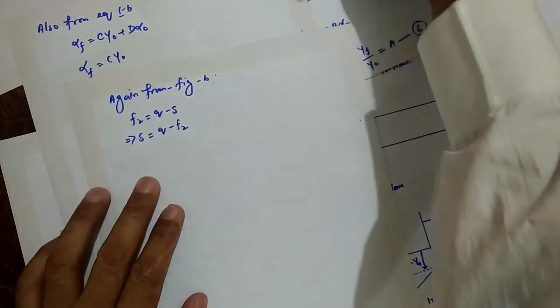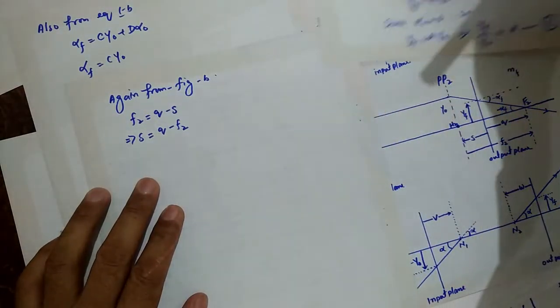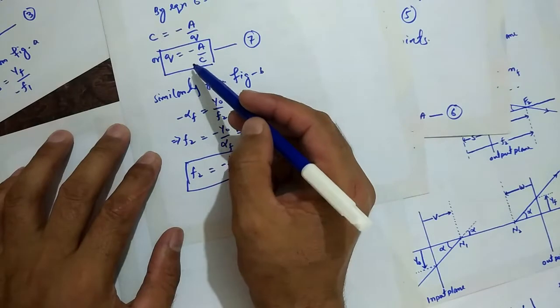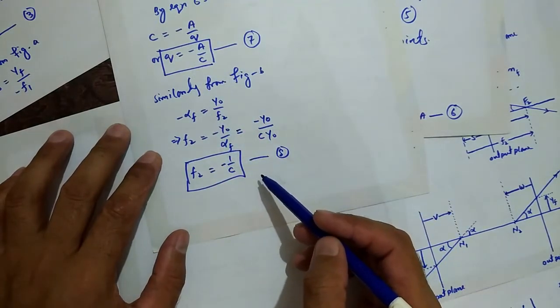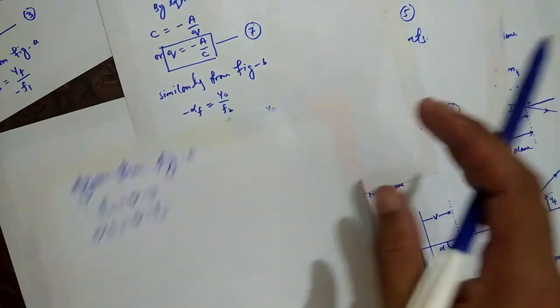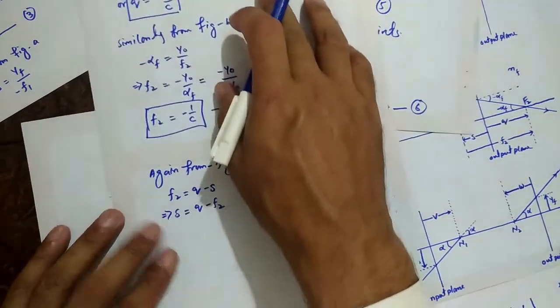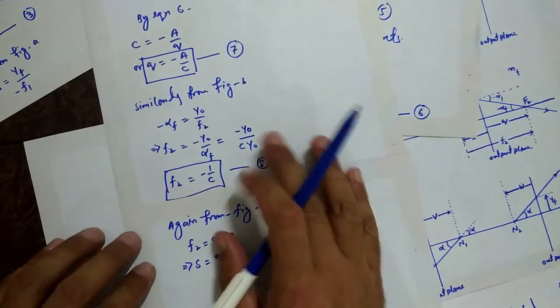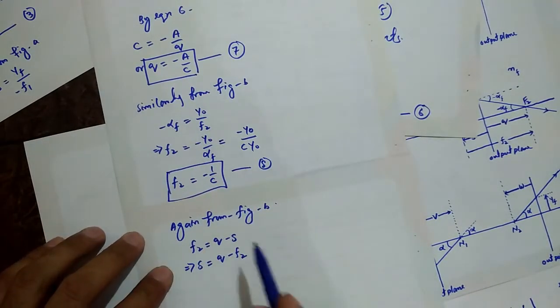Q is this equation, which is equation 7, and f2 is equation number 8. So put equation number 7 and 8 in this equation.